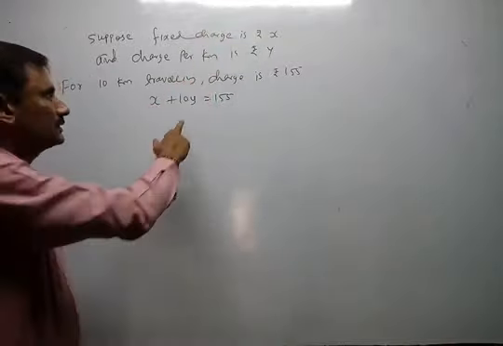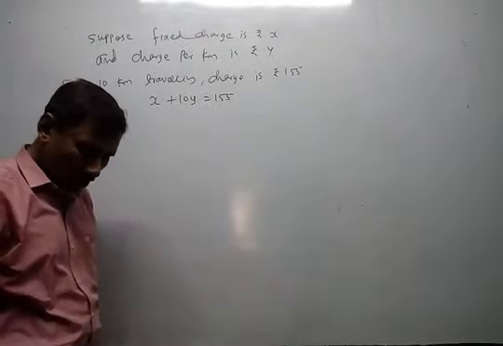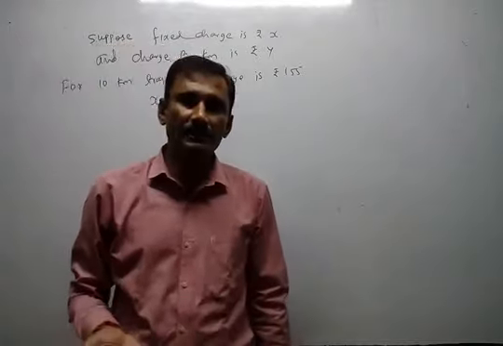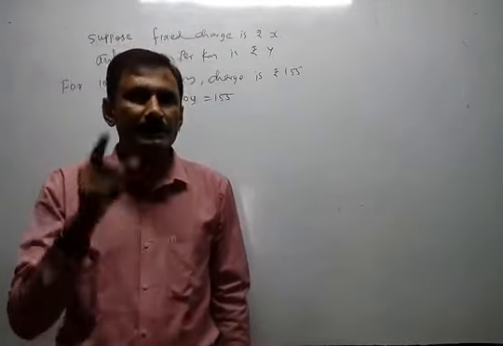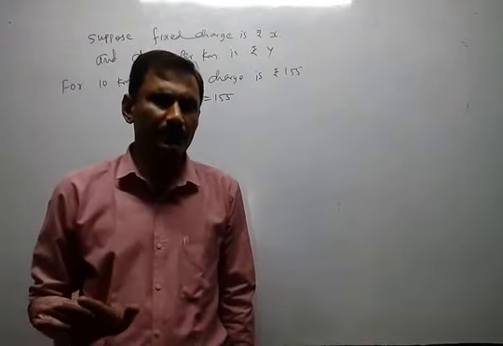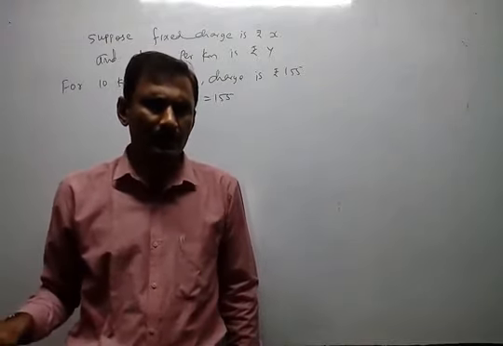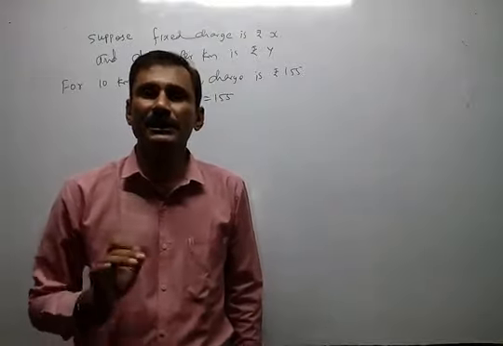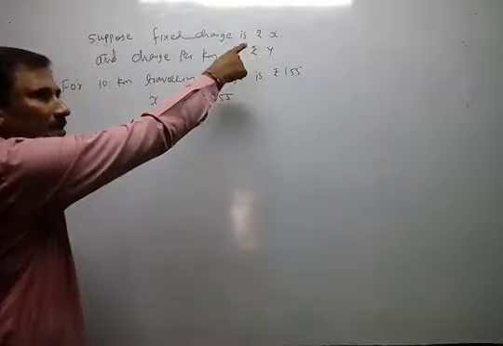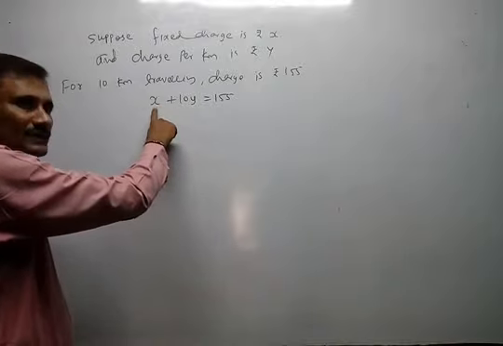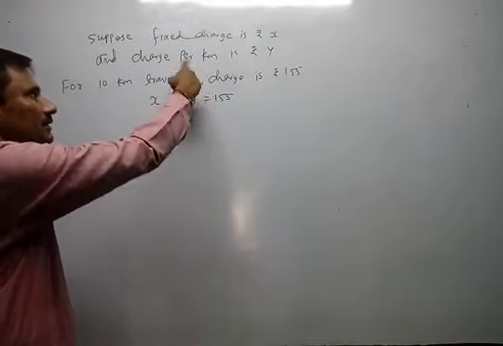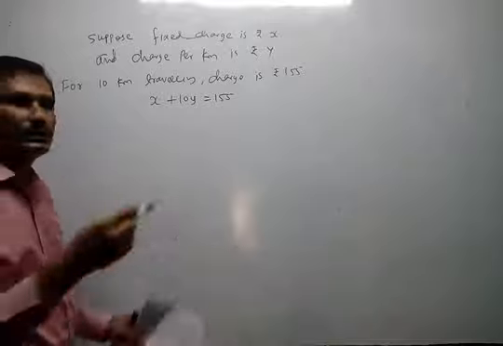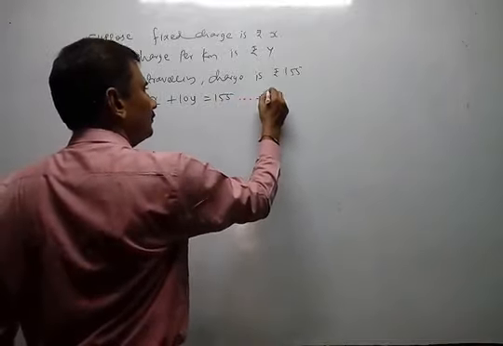Suppose at your home, if you use 0 units of electricity, your house is closed and no one resides there, then also you have to pay something. That is the fixed part. So the fixed part is constant, and the other part varies according to the number of kilometers. So this is equation number 1.